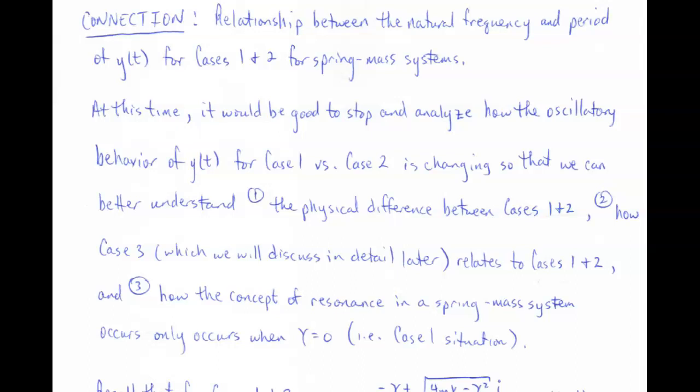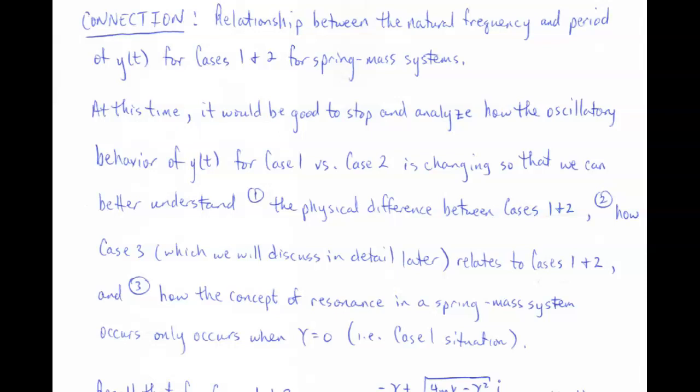So I want to expound upon our case 2 type situation here a little more, because there is a special relationship between the natural frequency that we talked about before in case 1 and the period of our response for cases 1 and 2 for the spring-mass.